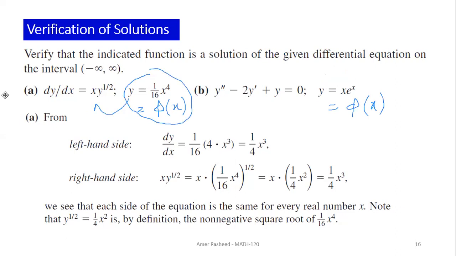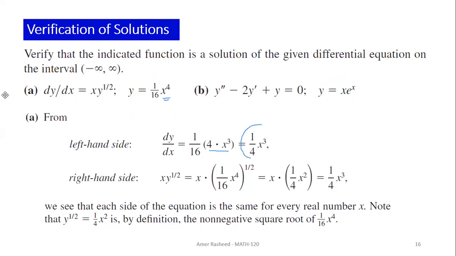What we do here, we insert this function on the left hand side and on the right hand side. On the left hand side, if you take the derivative of 1/16 x power 4, the derivative of x power 4 is 4x cube, so it becomes 1/4 x cube.